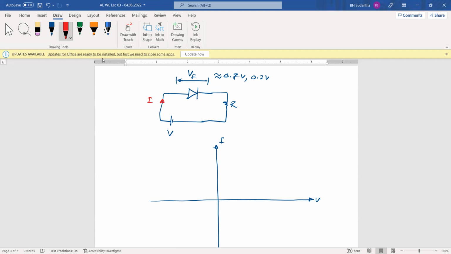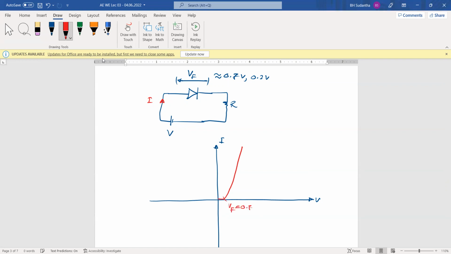When you apply initially 0 volts, 0.1 volts, 0.2 volts like that, the diode is not conducting. It's not allowing current to go through it. But after applying a certain voltage here, it starts conducting. Okay. Like this, on the forward voltage side. Then we say this is VF.